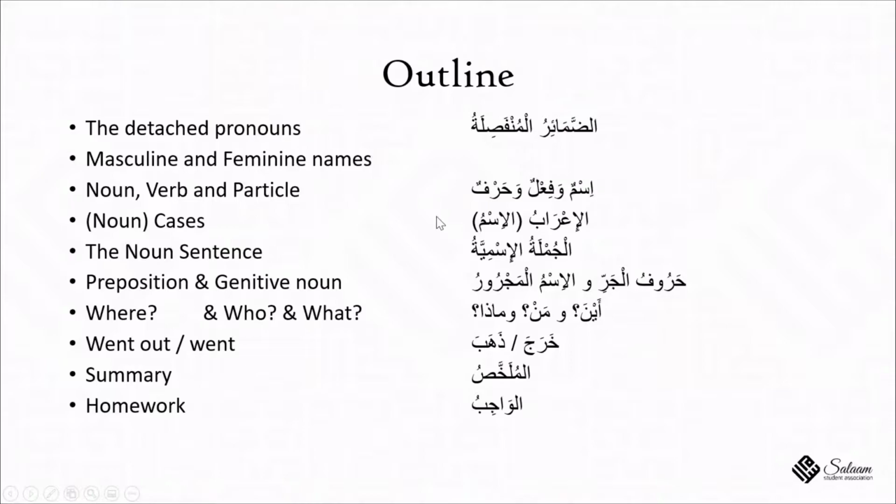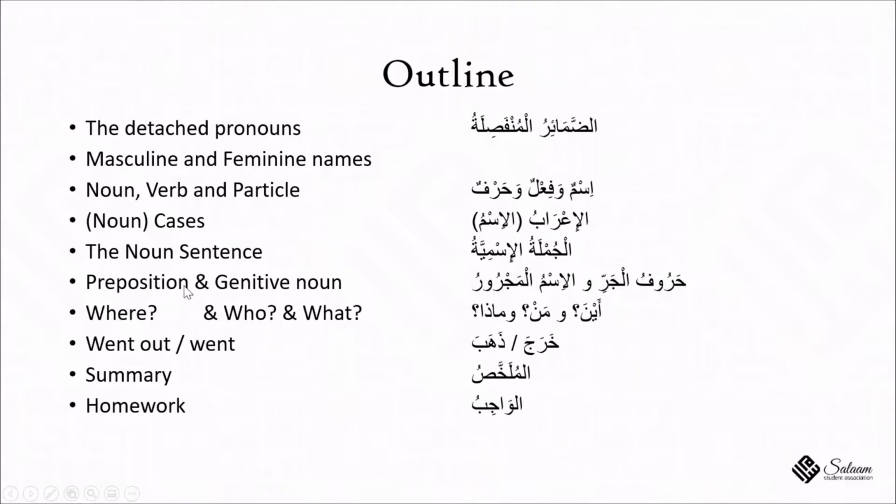We are going to go to the first type of cases that we have, the different position in the sentence. The word gets different haraka at the end, or a movement at the end, or a sign. You can call it a sign. The noun sentence is called al-jumla al-ismiya, which is the first type of the sentence in Arabic.